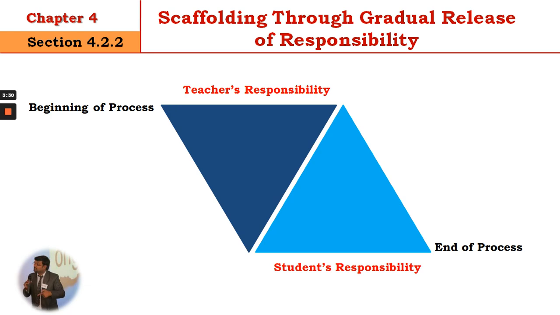Slowly, gradually, when the teacher moves towards the end of the activity or process, where we expect the students to be confident in the concept or skill or knowledge, the responsibility of the teacher is released slowly, and the students have to take more responsibility.